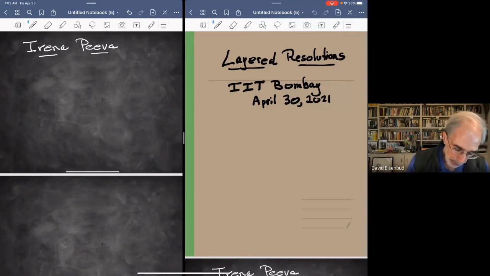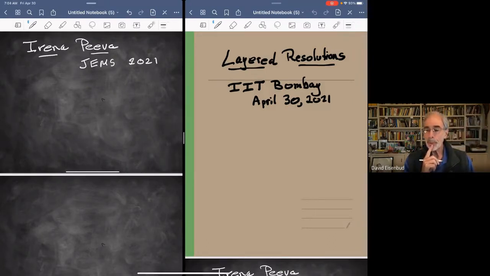This appeared recently in the Journal of the European Math Society in 2021, so you can read the details for yourself. I'm not going to prove very much because the constructions are in some way the main thing. The proofs are not so hard. And the constructions take a little while to describe.